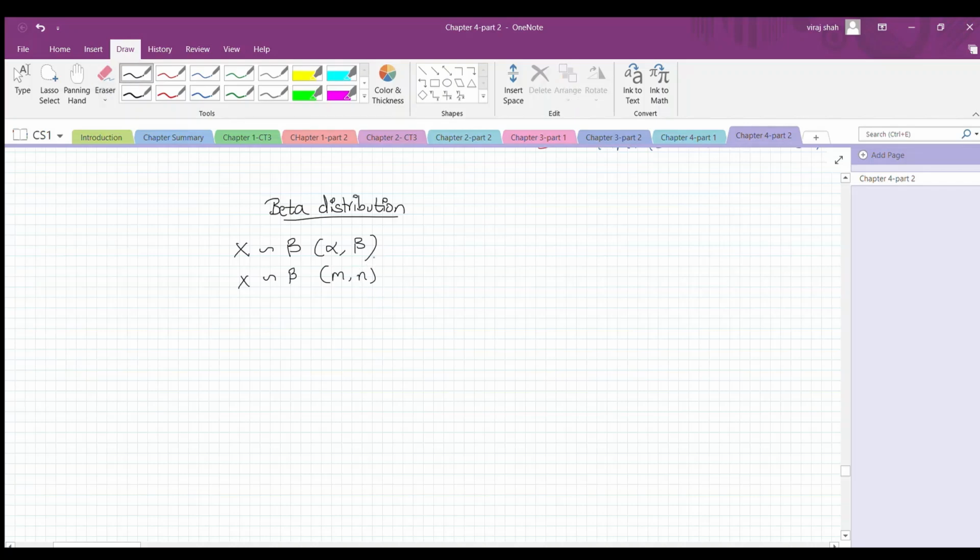So X is my random variable, alpha or m is the first parameter of the beta distribution, and beta or n is the second parameter of the beta distribution.